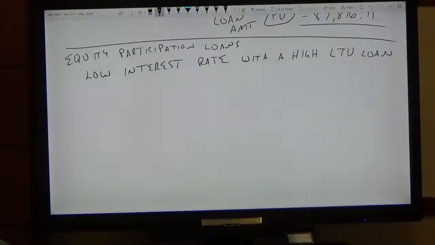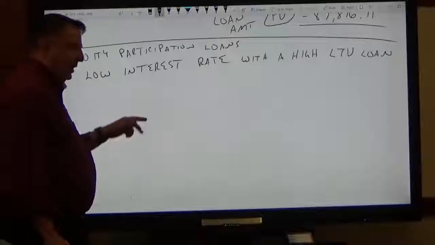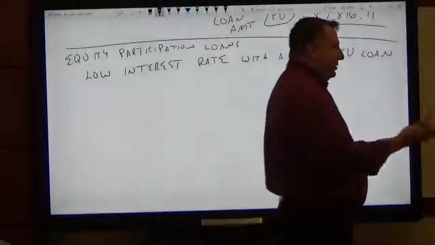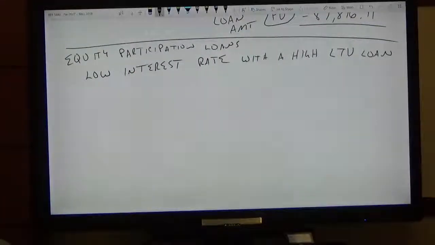Because that means you're putting very little of your own money into the deal. But the trade-off in this particular case, beyond the financial that we're going to talk about, may also be, as I sort of said, they may want some sort of control in the deal. They may want to constantly look over your shoulder every time you write a check, they want control of whatever checks you're writing, whatever expenses you have. Every time you get a new tenant, they want to see the details on that tenant as to how good that tenant is, okay?